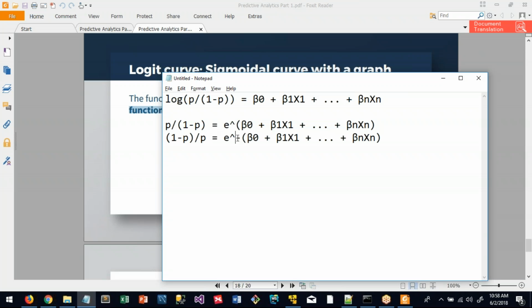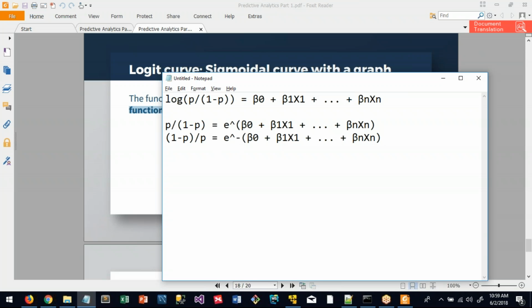All right, getting it? Now this is minus of it. This was e raised to the power only, but when I flip both sides of the equation, when I exchange the numerator and the denominator, then I have to inverse e raised to the power minus. Then this becomes 1 divided by e raised to the power this, which is equal to e raised to the power minus of beta naught plus beta 1 x1 and so on and so forth.